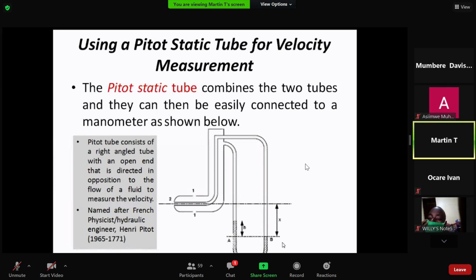So we expect that there will be more pressure at B than A. So we expect it to rise at A. So you have to be mindful of that when you're working out problems that concern pitot tubes, because depending on how you sketch, your answers might give you negatives, which is okay. You can get negative as long as you know how to interpret it. Okay, but this is how you should sketch it.